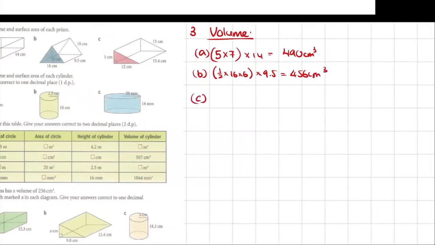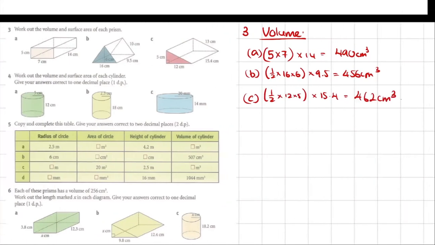C, area of cross-section. That's the volume.